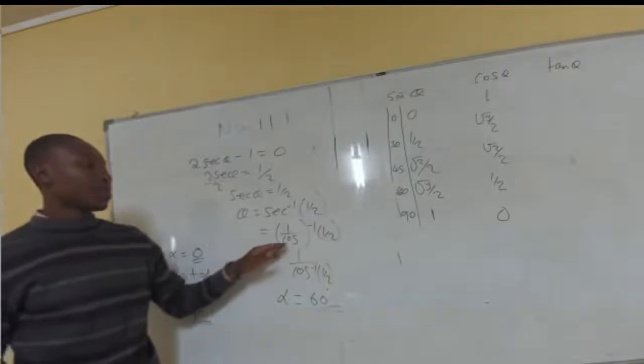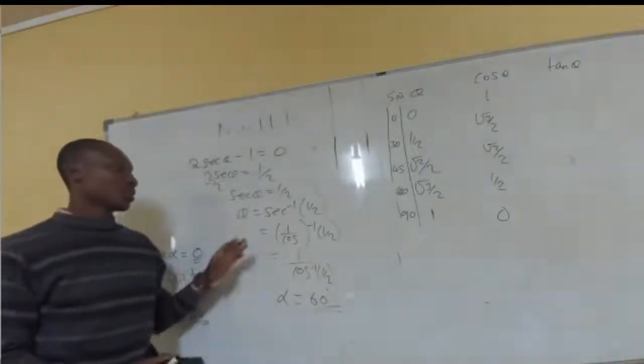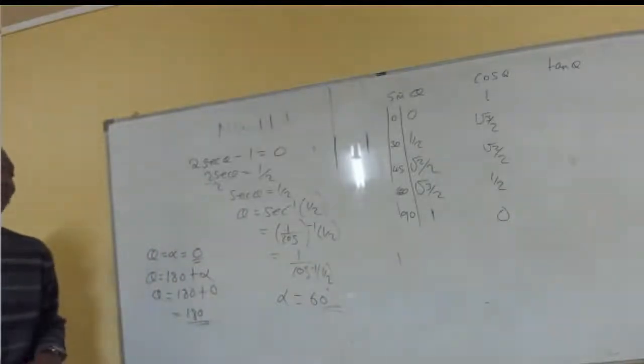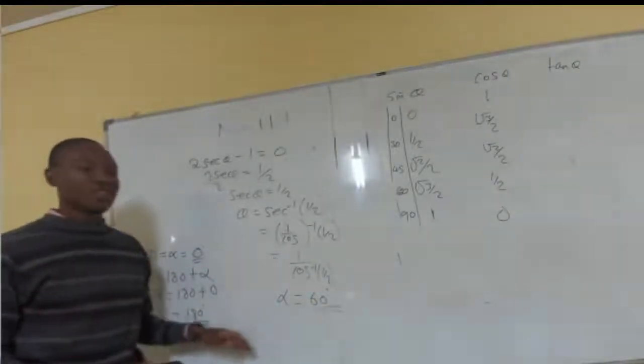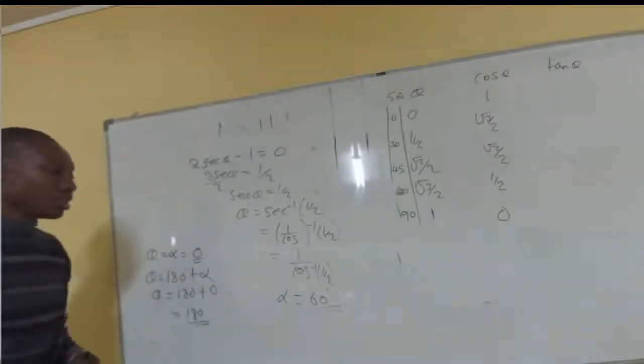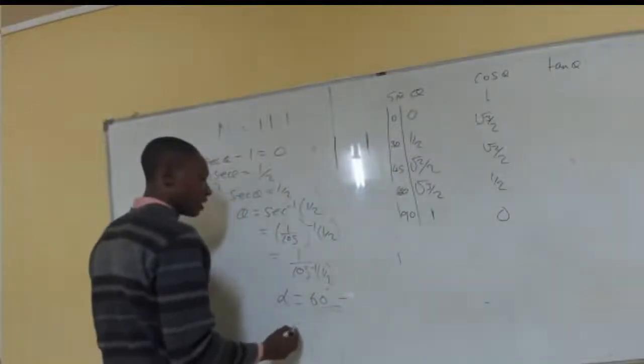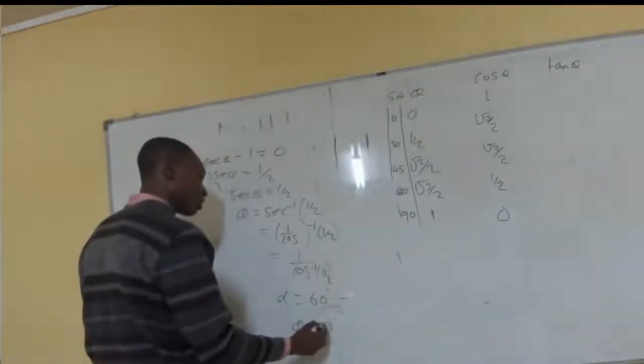Where cos is positive, that's where sec is also positive. It's positive in the first quadrant and it's also positive in the fourth quadrant. So in the first quadrant alpha is equal to theta, meaning theta is at 60 degrees.